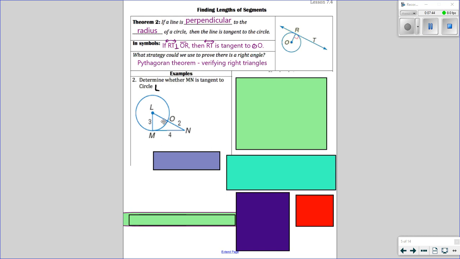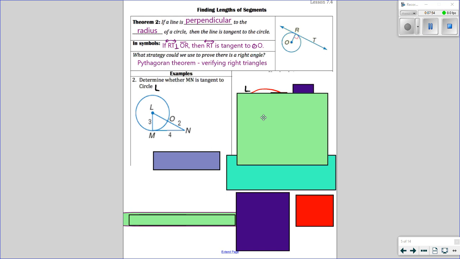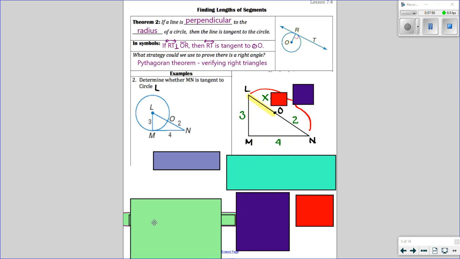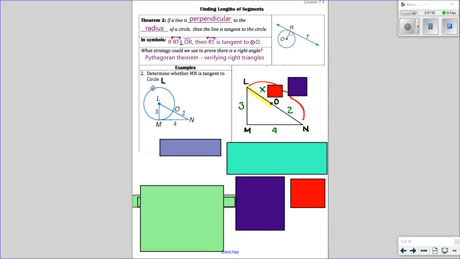We know that LO is missing, but we can find it, because if we look at LM and look at LO, LO is also a radius. So I'm going to show the triangle with the given information and what is missing.